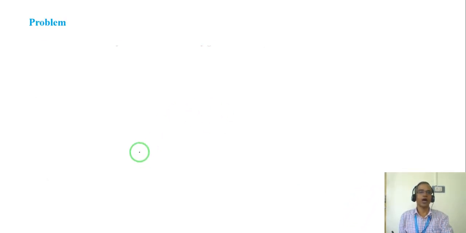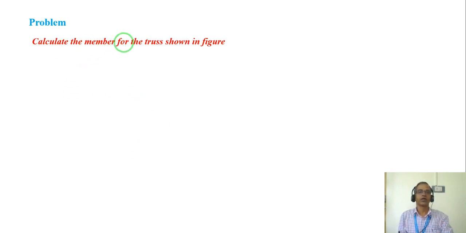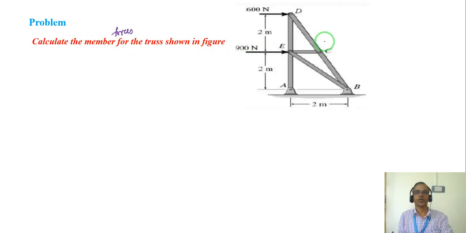So let us take a problem where we calculate the member forces for the truss shown in the figure. This is basically a cantilever truss because this is a hinge joint, this is a hinge joint, and this is also a hinge joint, which has 2 reactions here and 2 reactions here. Right? So I cannot find out these 4 reactions with 3 equilibrium equations.